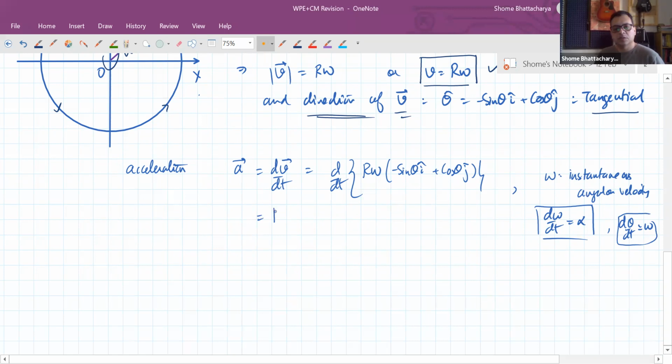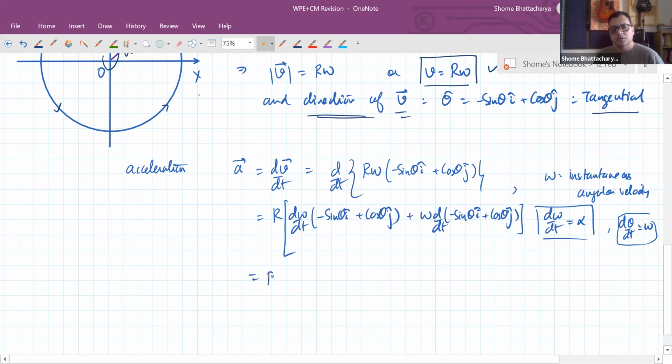So this becomes r into d omega by dt into minus sine theta I cap plus cos theta j cap, multiplied by omega into differentiation of minus sin theta I cap plus cos theta j cap.